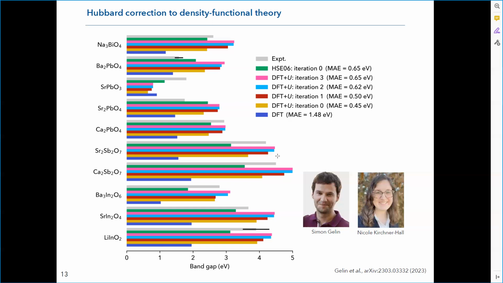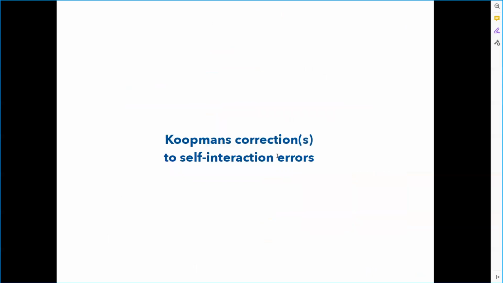But there are cases, for example, when you're interested in the polarizability and hyperpolarizability of a system, where you're interested in the actual localization of the electron, where the ability to directly operate on the self-consistent orbital will be beneficial. And this is what motivates the development of those Koopmans corrections to self-interaction errors.